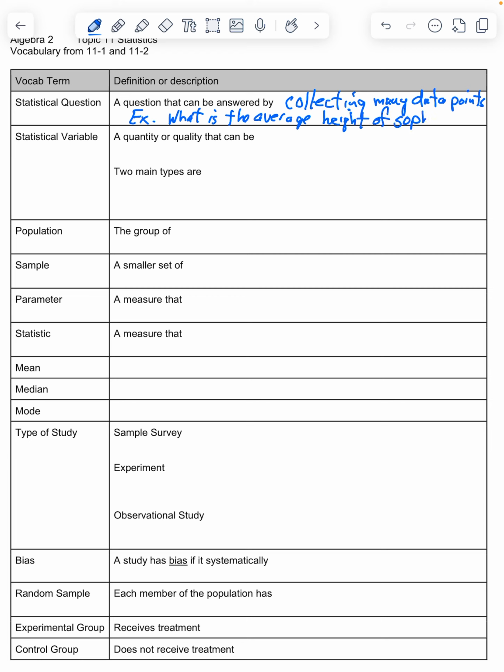So what we'd have to do then is collect data about the heights of sophomores, and then we'd have to do some calculation. Now, a statistical variable is a quantity or quality that can be measured or counted.